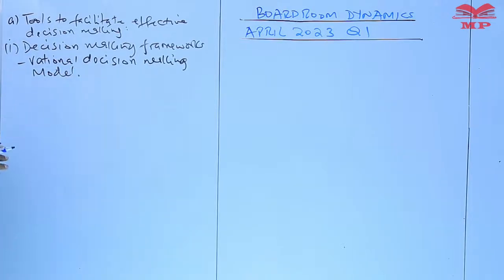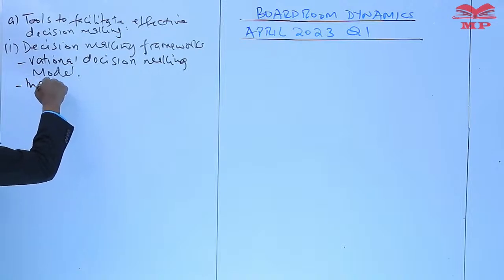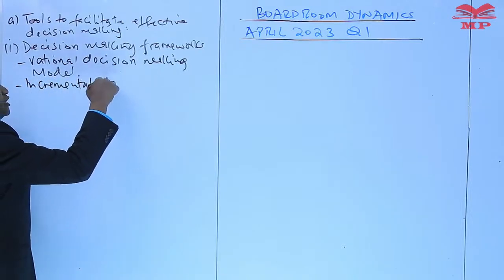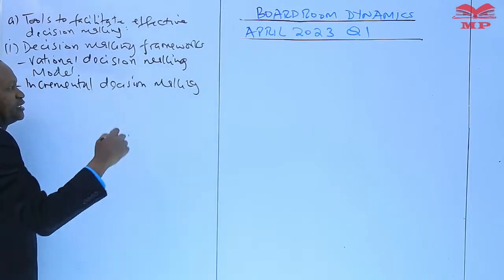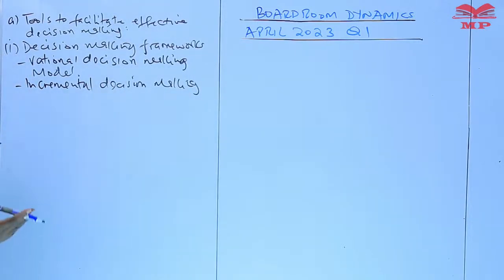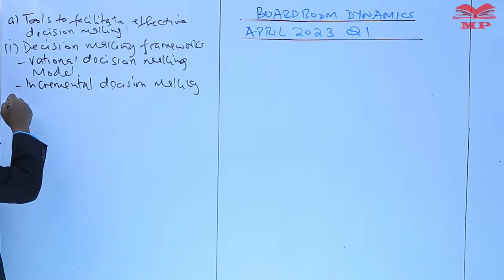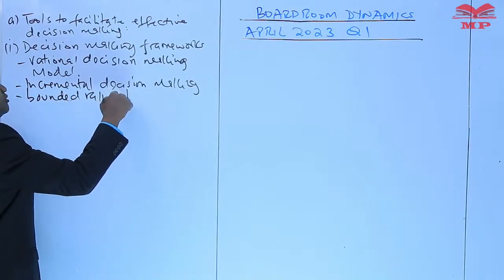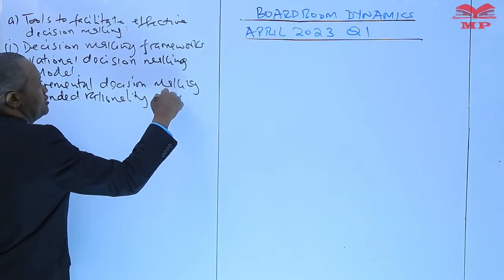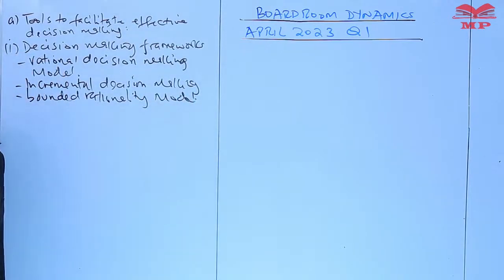There are many more, like the incremental decision-making model. We have the bounded rationality model, which is another example of a decision-making framework.